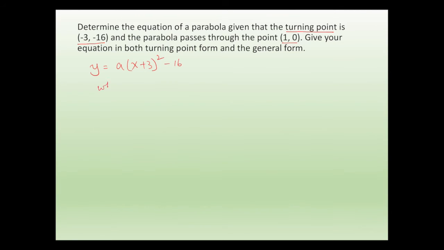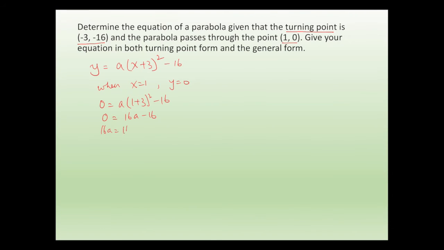When x equals 1, y equals 0. Therefore 0 equals a(1 plus 3) squared minus 16. 1 plus 3 is 4, 4 squared is 16, so 0 equals 16a minus 16.